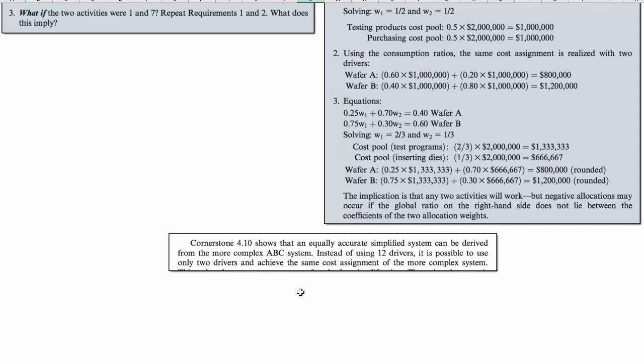So instead of using 12 drivers, it's possible to use only 2 drivers and achieve the same cost assignment of more complex systems. So that's the whole goal: we want to reduce cost pools, we want to reduce drivers, and still get accuracy from our ABC system.